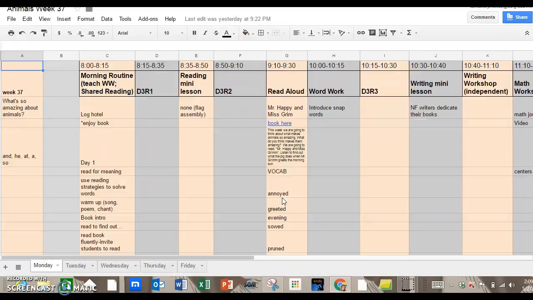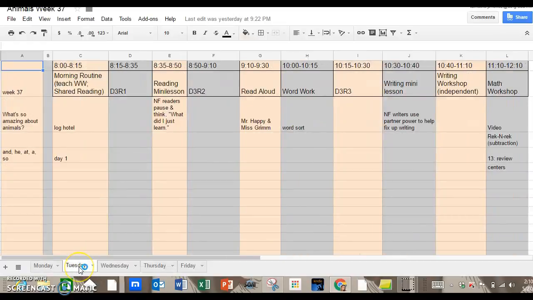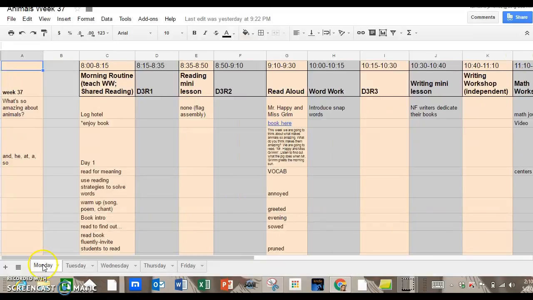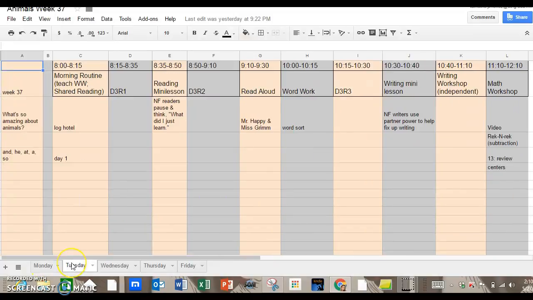But just to have an idea of the words that I know are going to be tricky or they might need a little more help with, so that I might pre-explain it to them or do a little extra work, I use this space here to just kind of call my attention to what those words are going to be. And then you'll see that I don't repeat that. I know that those things are on that first tab for Monday, and I won't repeat it.